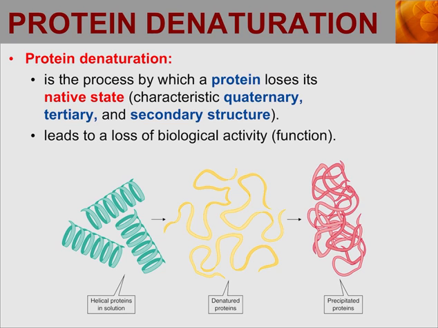When you crack an egg into a pan and you cook it, you're using heat to denature it, and then you could further scramble it up, etc. So with denatured proteins, the structure is broken down and it no longer functions the way that it did before.